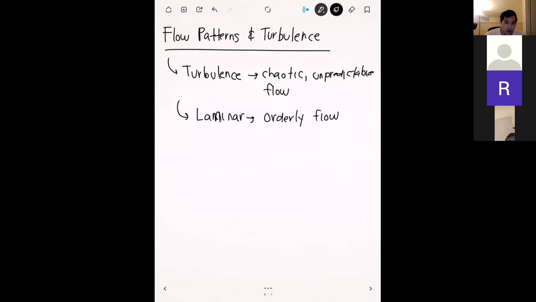Okay. And so the way that you determine whether your flow is turbulent or laminar is you compute this thing called the Reynolds number.